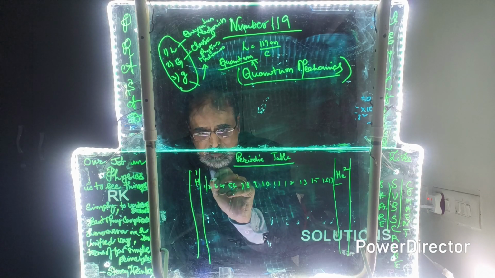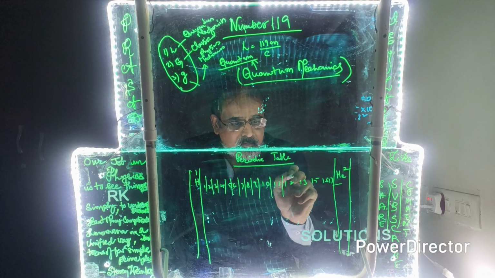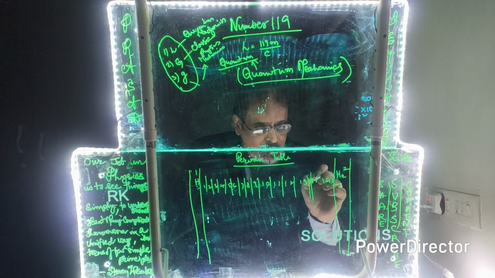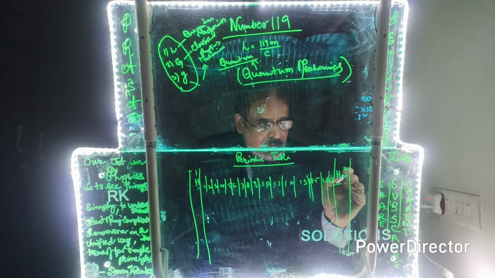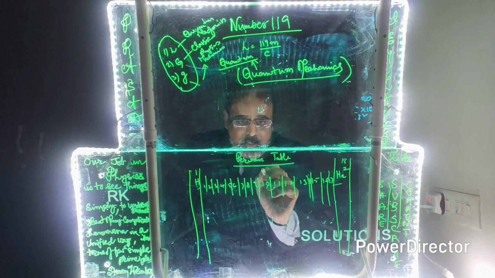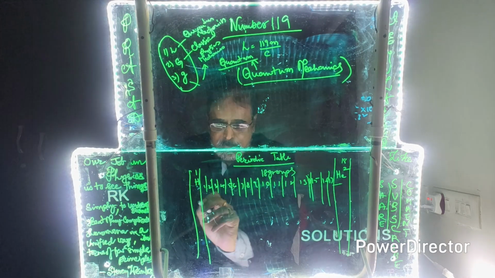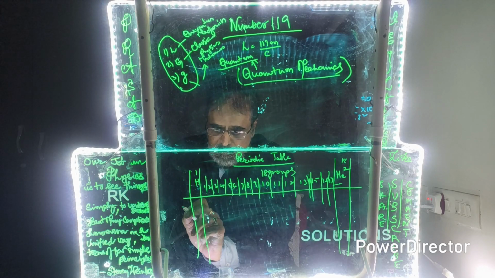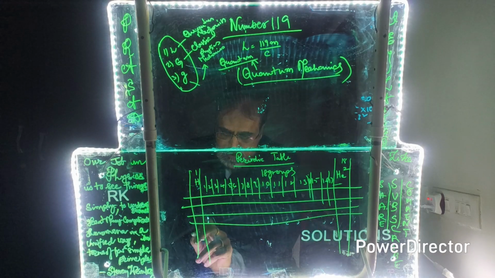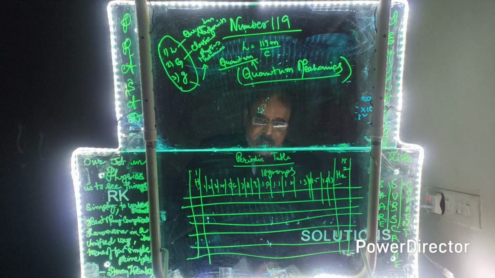So there are 18 groups, the 18th group, and you have 2, 3, 4, 5, 6, 7.